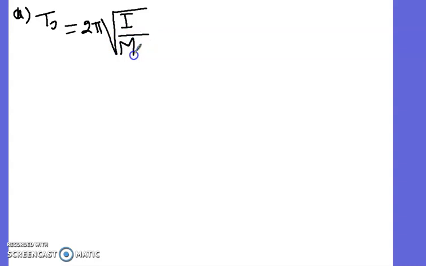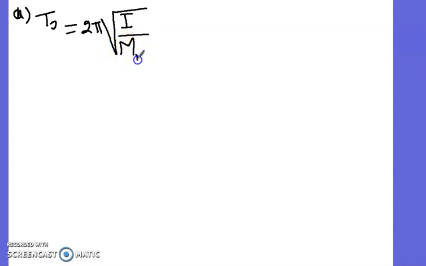Now you know that, part A, the proper period of oscillation of a compound pendulum for a small amplitude is T0 equal to 2 pi square root of I, which is the moment of inertia of the pendulum with respect to the axis delta, over m, which is the mass of the pendulum.